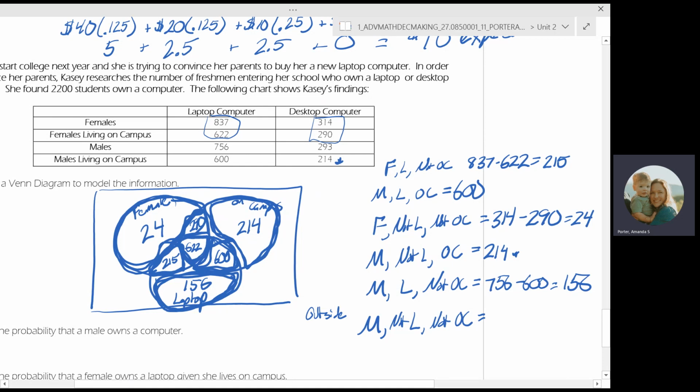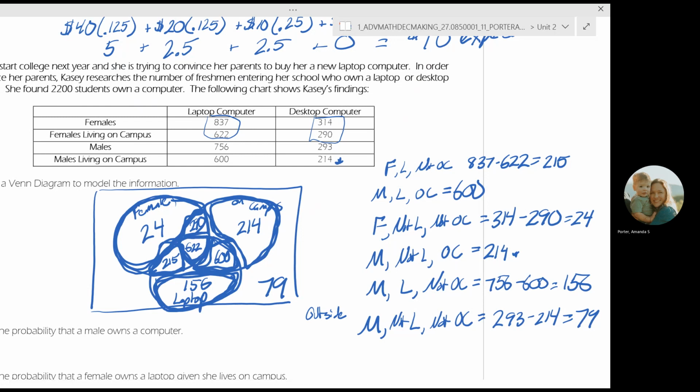So males without a laptop that are not on campus, not a laptop meaning desktop. So 293 minus the 214 is 79. So the outer portion is 79. Ooh, a 3 circle, man.